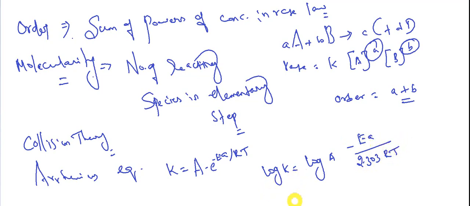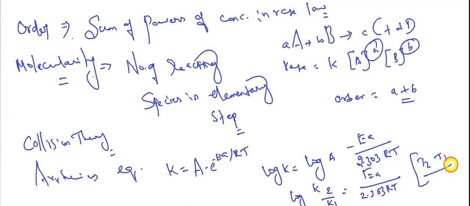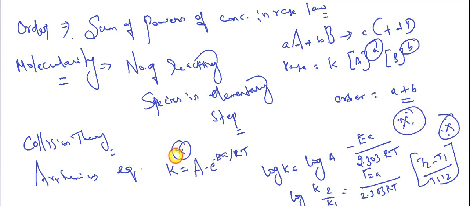This also can be written as log of k2 by k1 equal to Ea by 2.303 R into (T2 minus T1) by T1 T2. So these are the equations we have to use in the Arrhenius theory. Based on the situation, we have to use the appropriate equation. Got it?